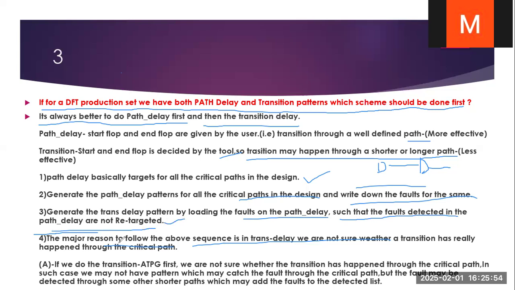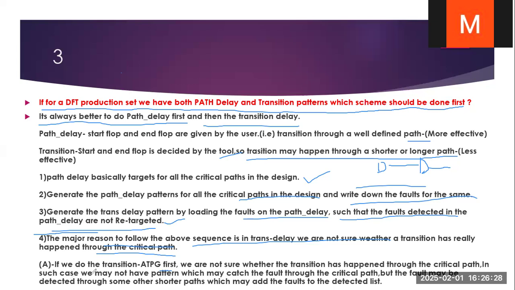The major reason to follow the above sequence is that in transition delay, we are not sure whether a transition happened really through the critical path. That's why we are not doing the transition delay first. If you do the transition ATPG first, we are not sure whether the transition happened through the critical path.